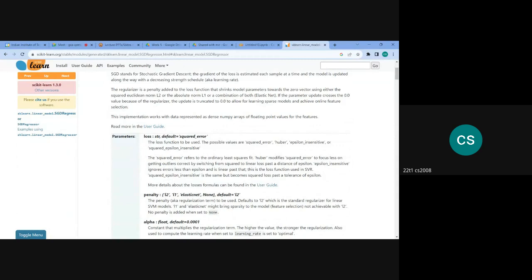Okay, in this what we have is the same thing. You can see epsilon insensitive is used as an SVR, not Huber.